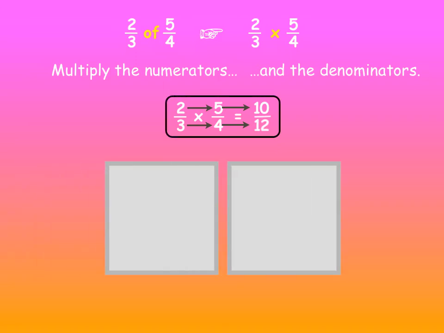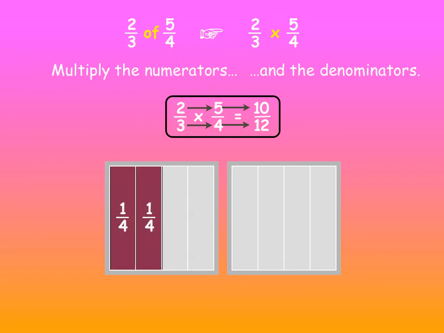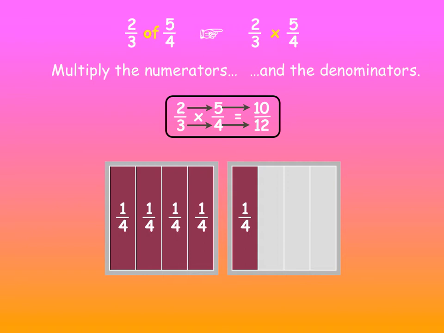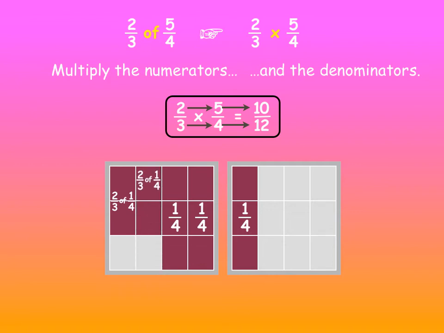Let's have a look at the picture of this. 1/4, 2/4, 3/4, 5/4. Now we're going to take 2/3 of that. We'll cut all these into thirds. Now look at the first fourth. We only have 2/3 of that fourth now. Let's do the same thing with the next fourth. 2/3 of that fourth.